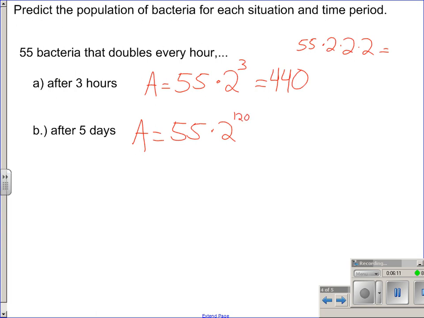This is going to be a huge number, but we'll go with it. 55 times 2 to the power of 120, that's a lot of bacteria, 7.3107 times 10 to the 37th, which basically means move this decimal 37 places. It's a big number.